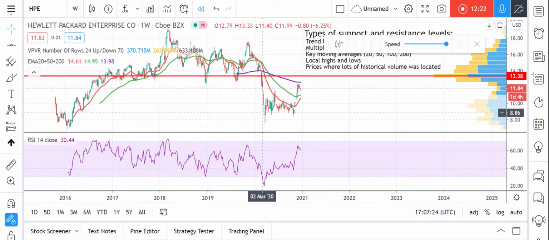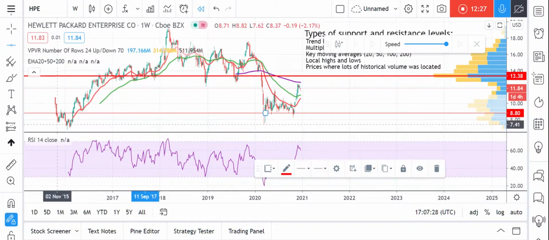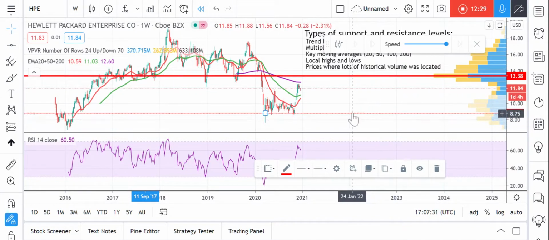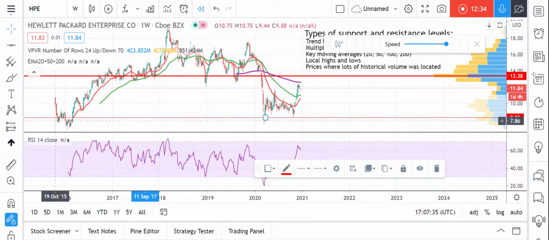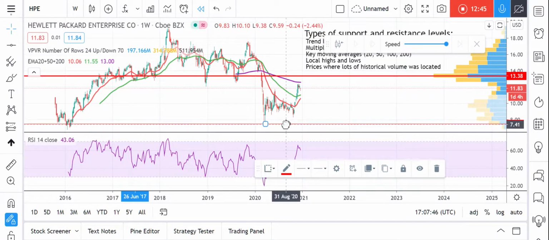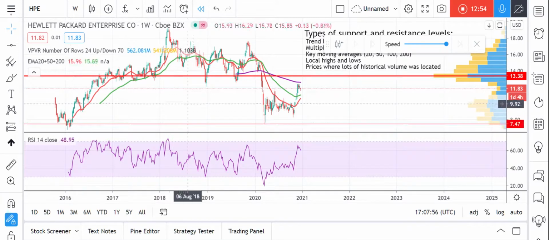If I put a horizontal line here, in addition to having some historical volume located there, it was also an important price level back in January 2016, with several turning points located in this area. This low right here in March 2020 coincided with the historical lows back in February 2016.